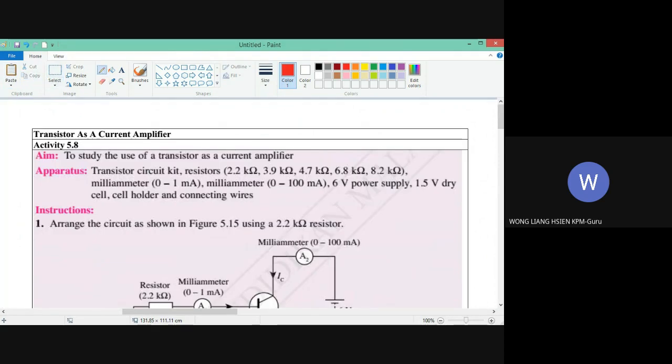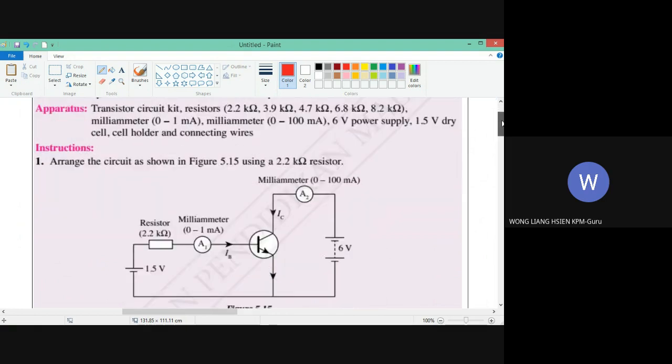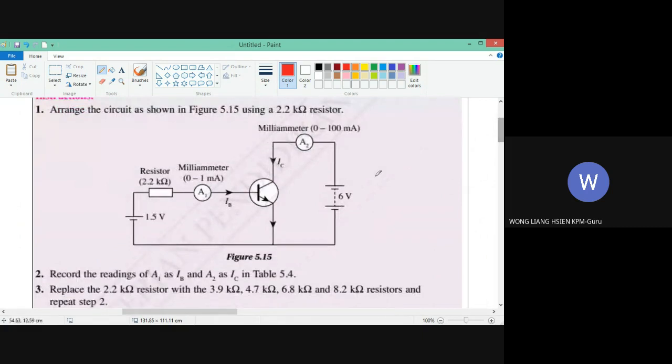Okay, now we want to look at the application of the transistor, how to use the transistor. First is the transistor as a current amplifier. Let's look at this circuit. Here we have a transistor, a small power source of 1.5 volt, and a bigger power source of 6 volt.